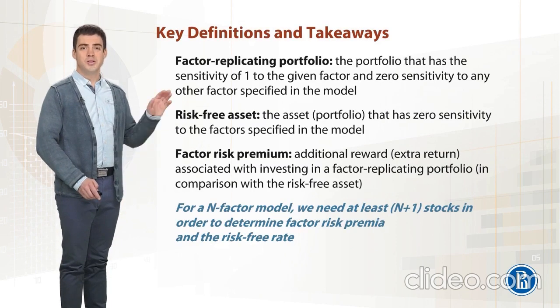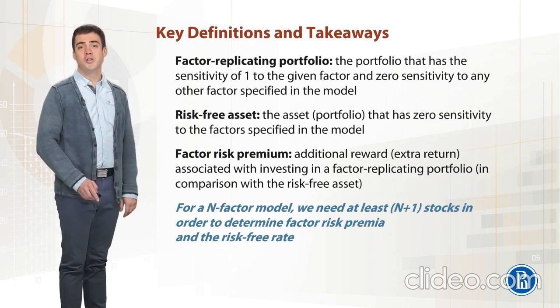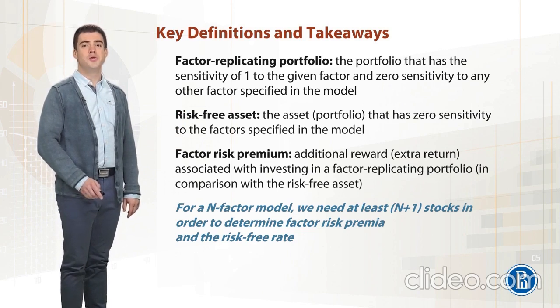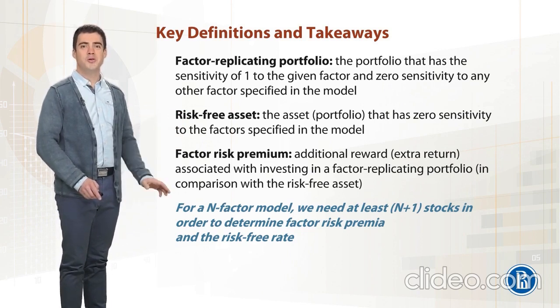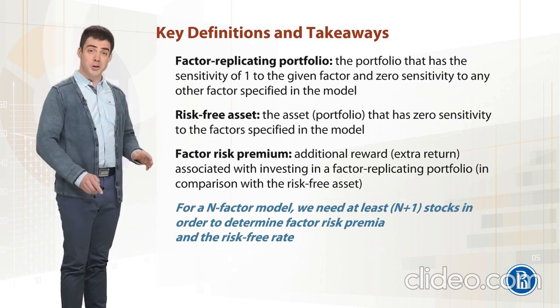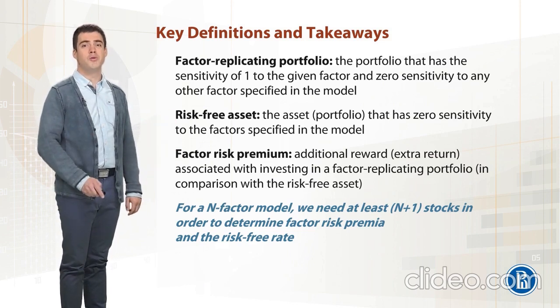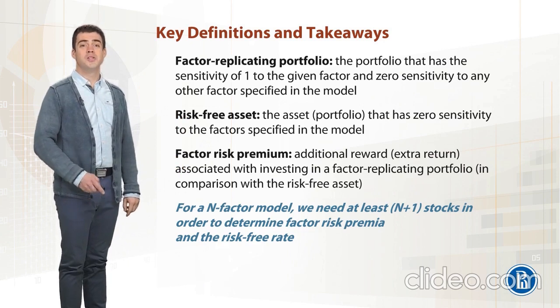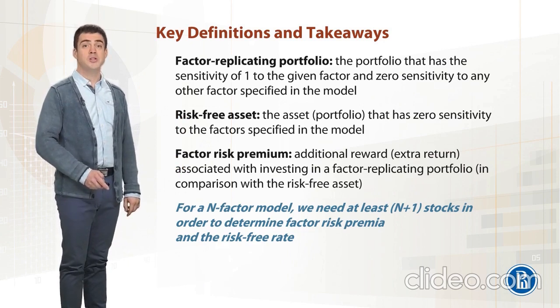Now let's summarize the key definitions and takeaways that we have made up to this point. First of all, we have introduced the concept of the factor replicating portfolio, also known as the pure tracking portfolio, which is the portfolio that has unit sensitivity to the given factor and zero sensitivity to any other factor specified by this model.